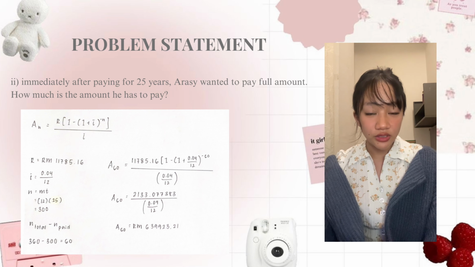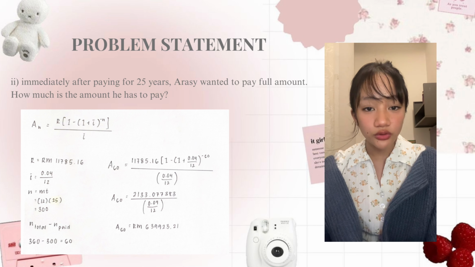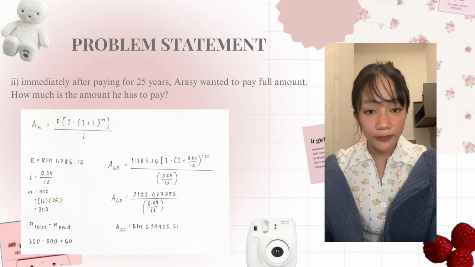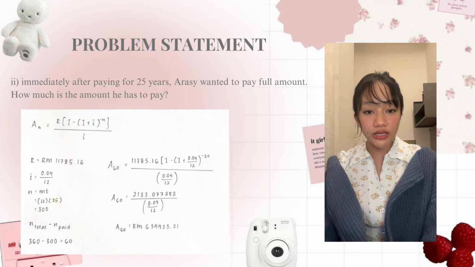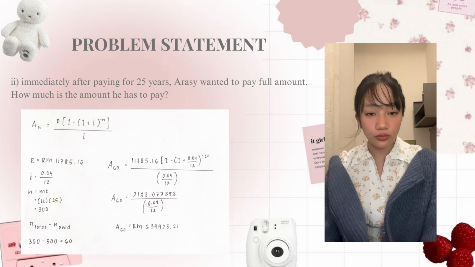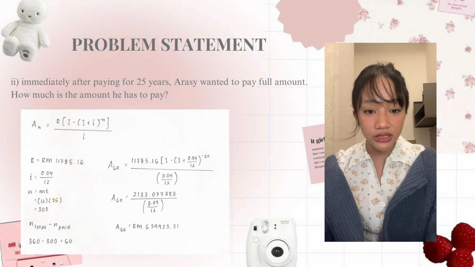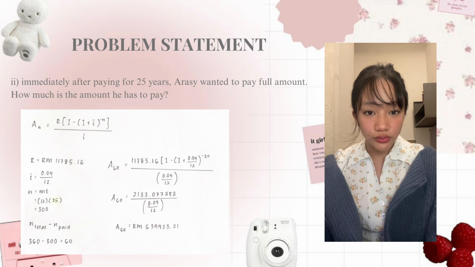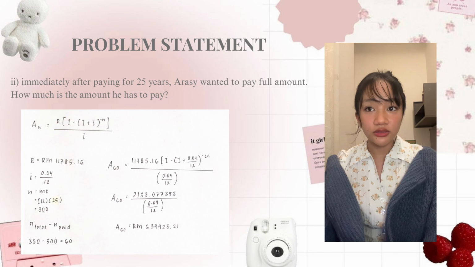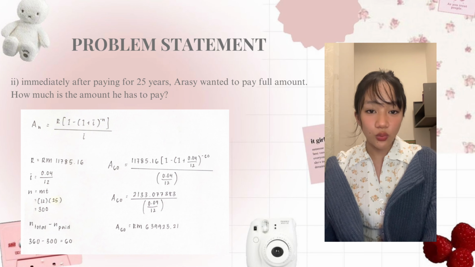And then with the calculation, A300 will be equals to 2,133.077383 divided by in bracket 0.04 over 12. And the final answer will be A300 equals 639,923 ringgit and 21 cents.